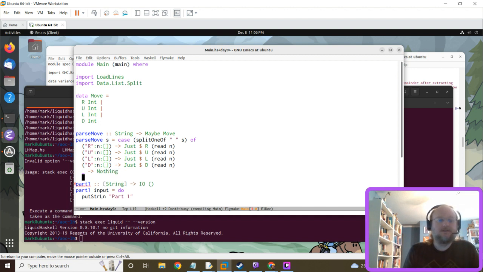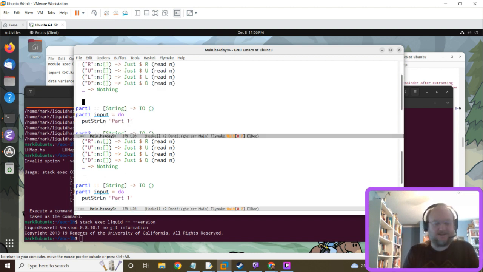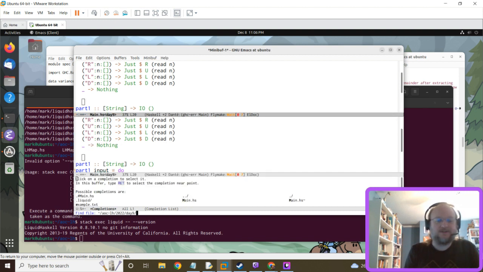All right, there's all the parser we need. And let's start copying over some of our vector code from yesterday.